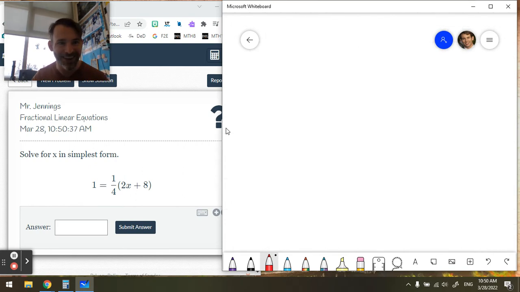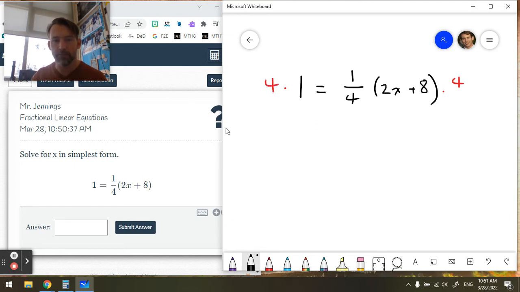Let me show you a trick that I use for these ones. You're this far into the video, you deserve a trick. All right, shortcuts. Isn't the fraction annoying, everyone? I don't think it's annoying, but I do know a way that I can deal with it very easily. Multiply both sides of the equation by 4, right here. 4 times 1 happens to be 4. 1/4 times 4 is 1.